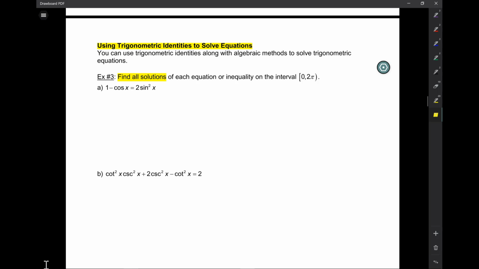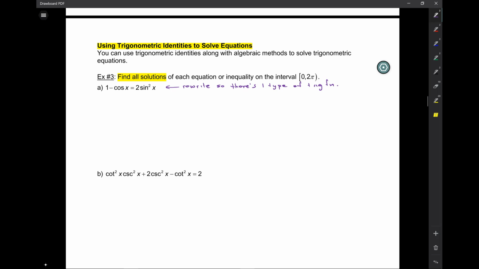So first of all, we need to rewrite so there's one type of function. Another clue, the biggest clue here is that you have the square of a function. You have sine squared. The minute you see that, you're like, okay, I can work with that.